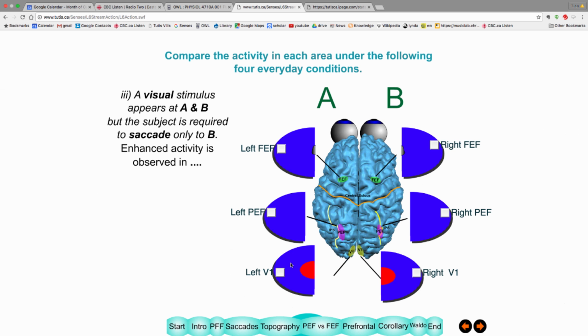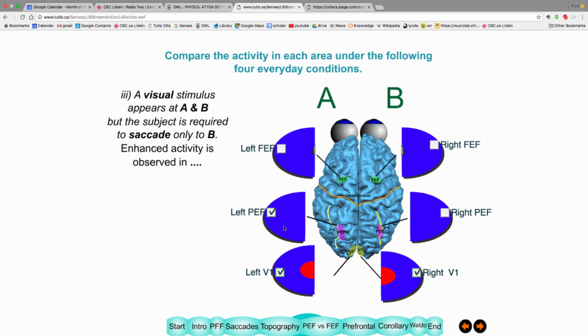Okay? So will you see activity in the right V1? Yes? Okay. Left V1? Yes? Okay. Right PEF? What do you think? No. Okay. We won't put the check mark here. Left PEF?